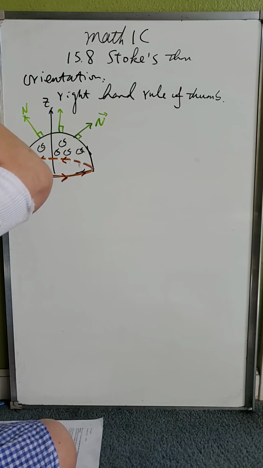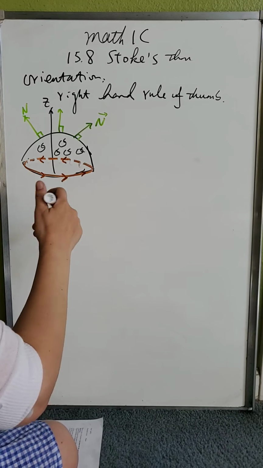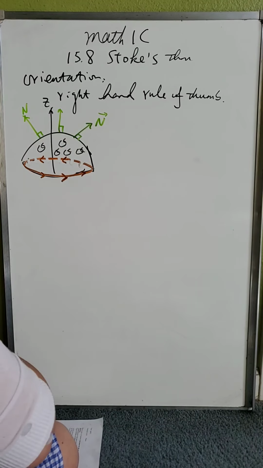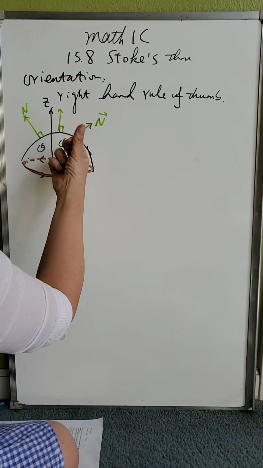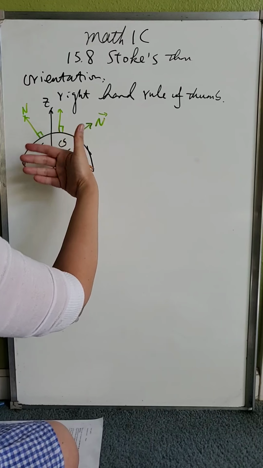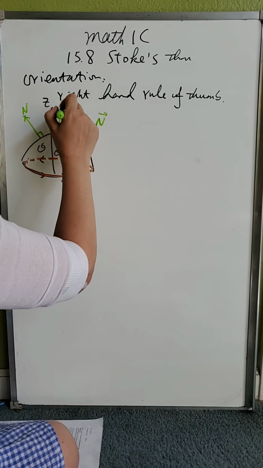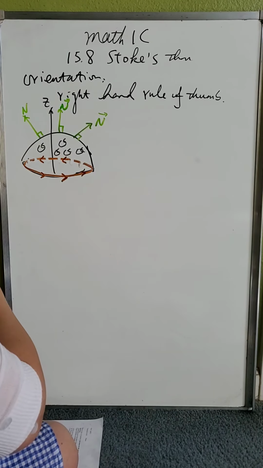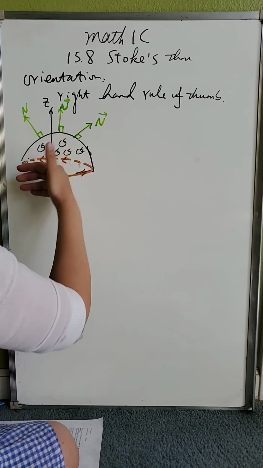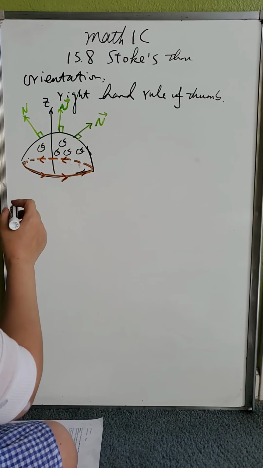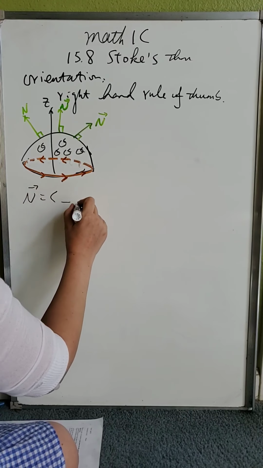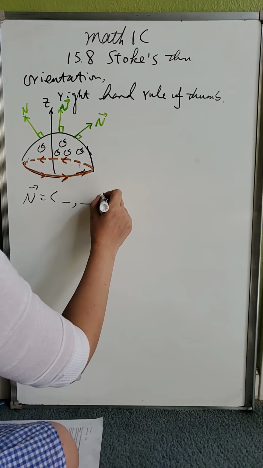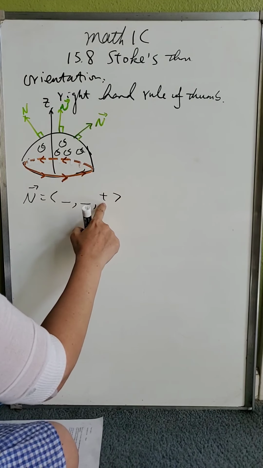And then, as long as you can follow your right hand, your thumb represents your n, and this is the n here also. And then your forefinger represents your circulation. And what comes out of your n is to give you a positive, the last number, the Z component, should be positive.